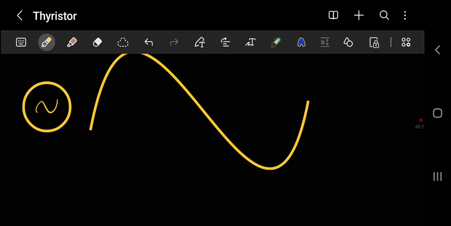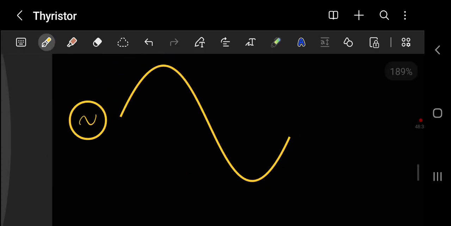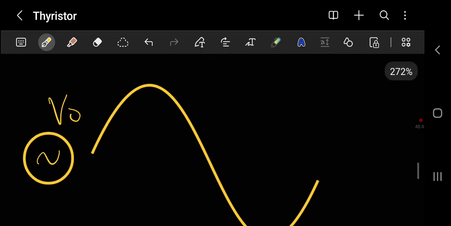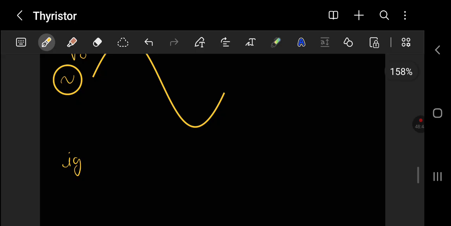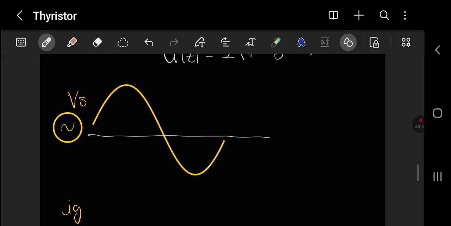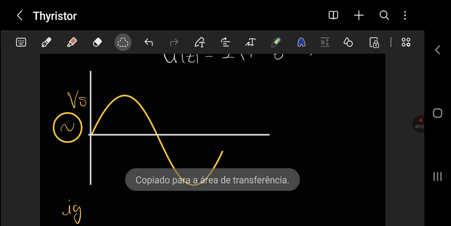And let's say you have an AC source, and that is the signal, and that is Vs, and Ig, which is the trigger current. Its waveform is like this.